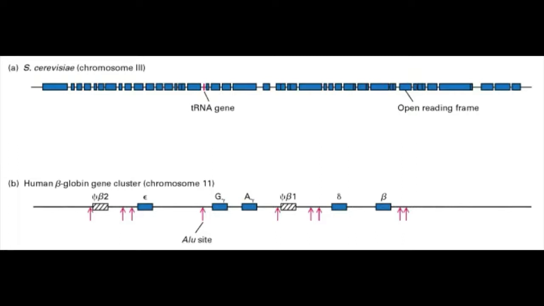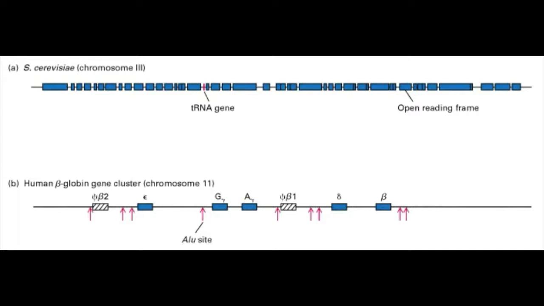Now, quite what the function of these sequences in between the coding regions is not all that well understood. It's certainly not true to say that they have no function at all. Some parts have quite well understood roles, for example, in controlling the expression of the genes. So what that means is that not all of the genes in a cell will be active at any one time.